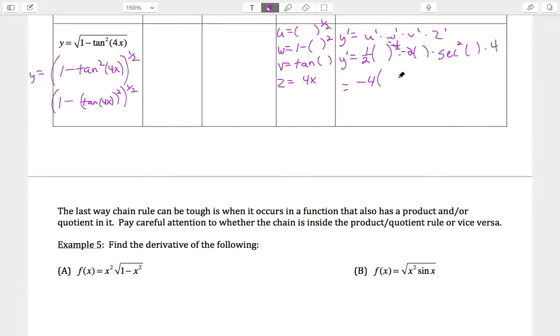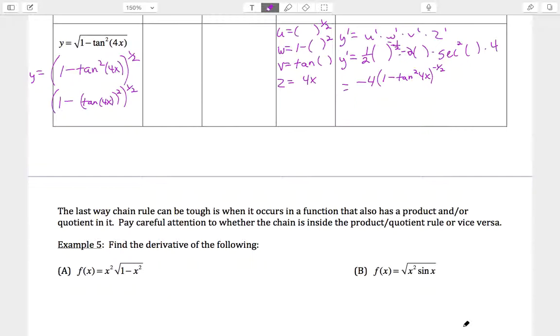And now let's fill everything in. So this is going to be everything: 1 minus tan squared 4x to the negative 1/2. That's everything. There are actually people who will work chain rules backwards, starting from the inside out. If that makes more sense to you, that's 4 times secant squared 4x, feel free.